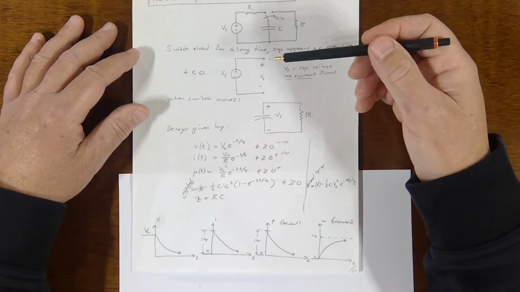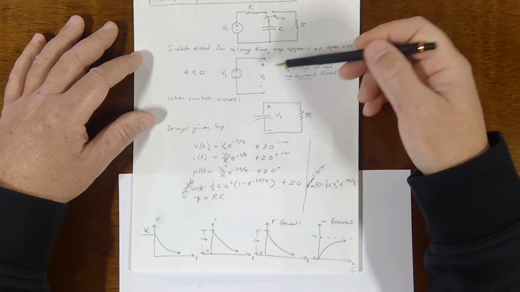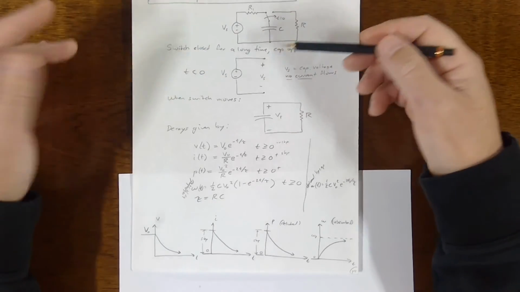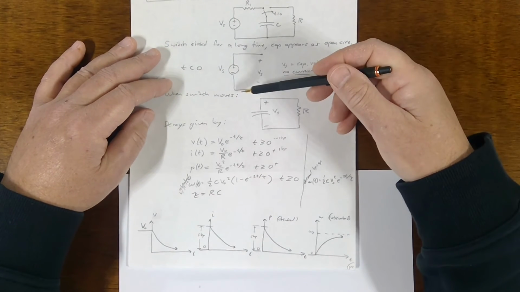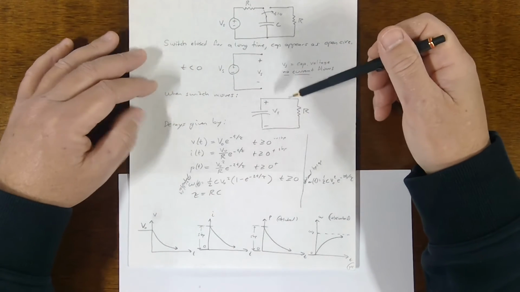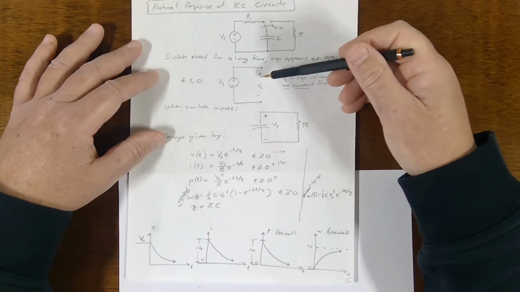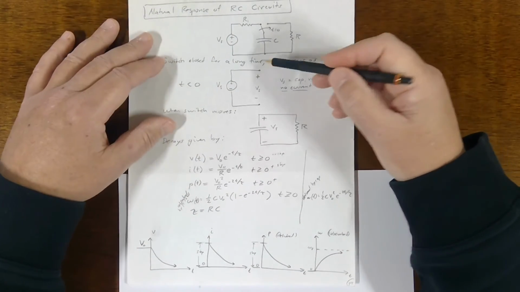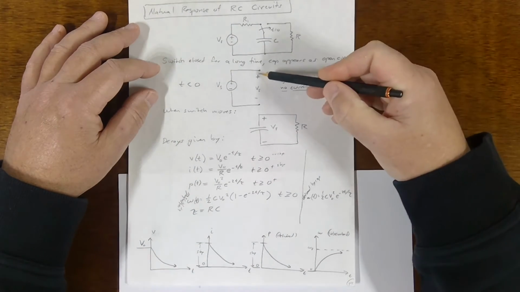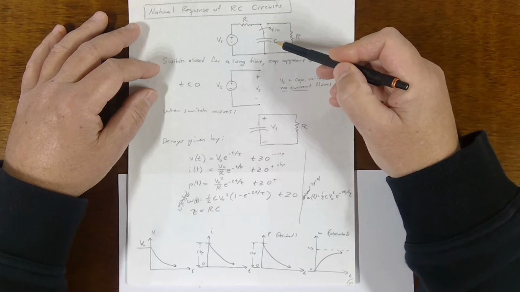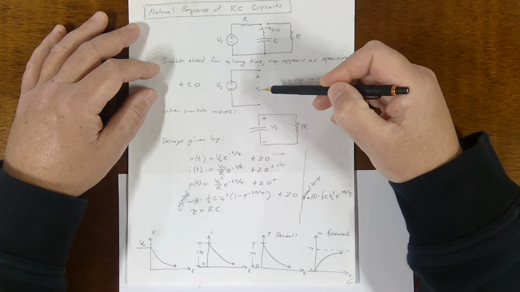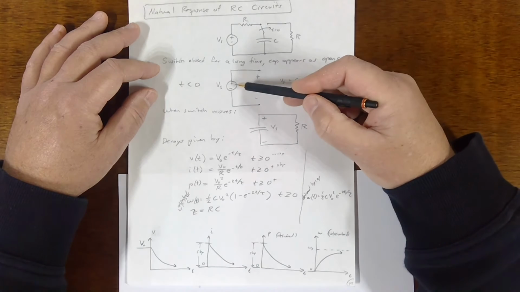You redraw the circuit at two different times, t less than 0, and then t greater than 0. So for t less than 0, the switch has been closed for a long time. When you do that to a cap, the voltage will match the source voltage.